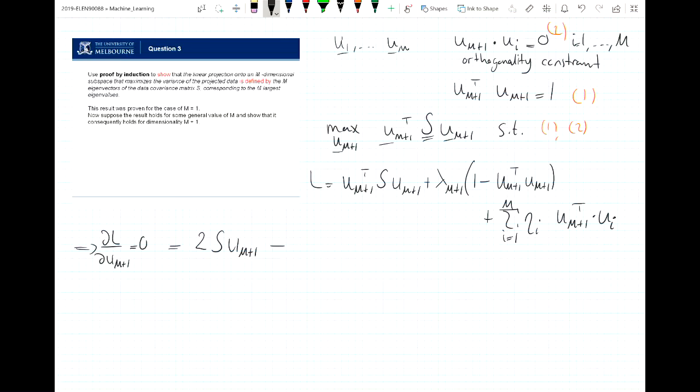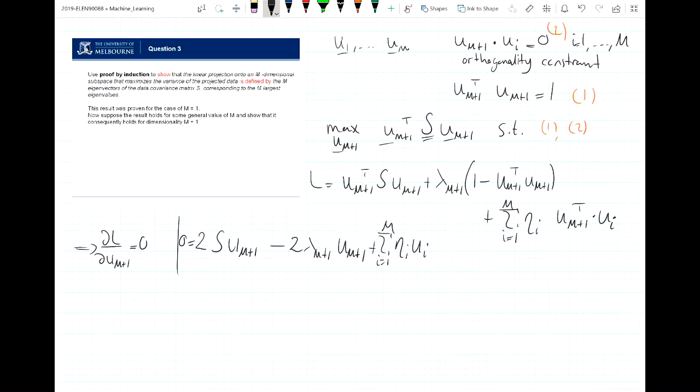Minus, again, we have a square here, so we have 2 lambda m plus 1 um plus 1, and then plus eta i ui, because these will be i equals 1 to m. So if I multiply this now from the left-hand side by, let me write it this way, 0 equals.